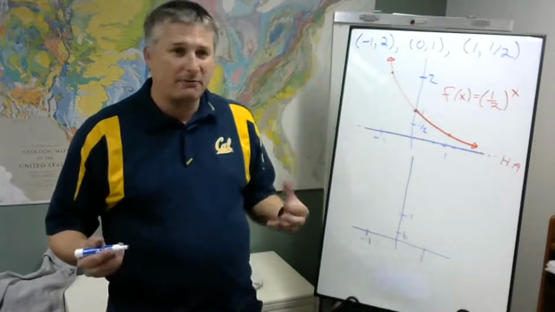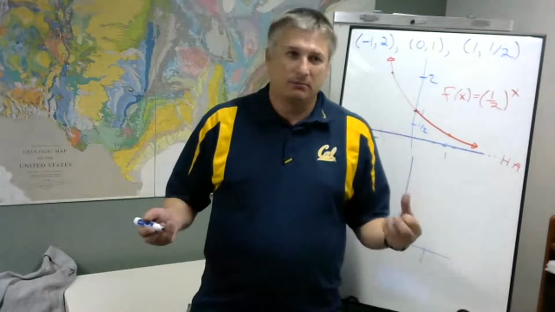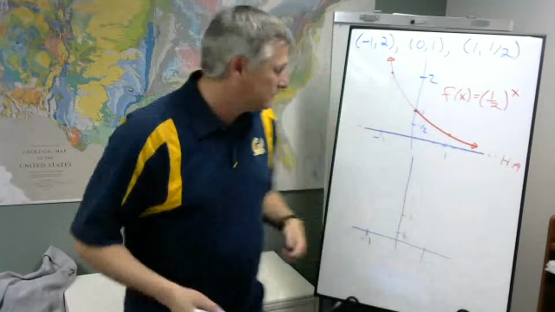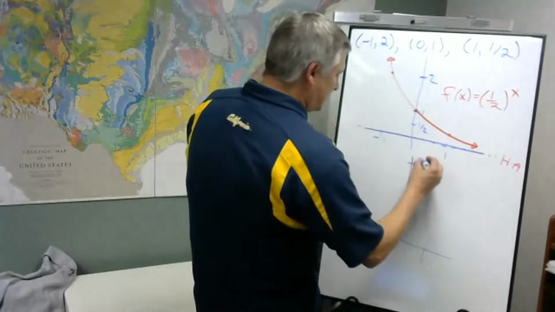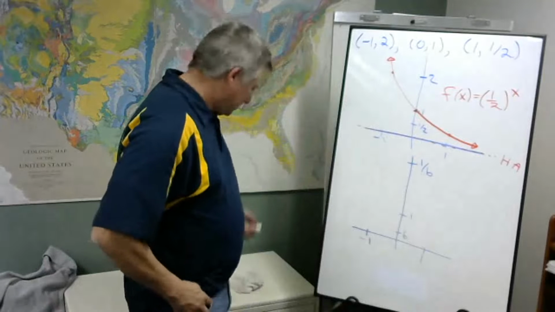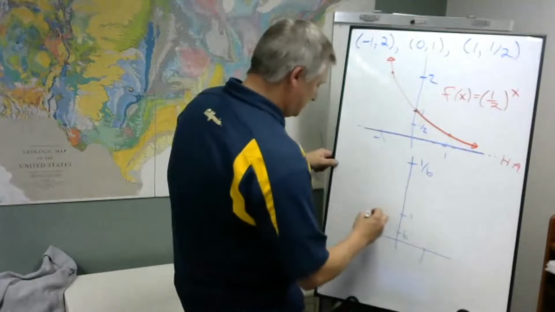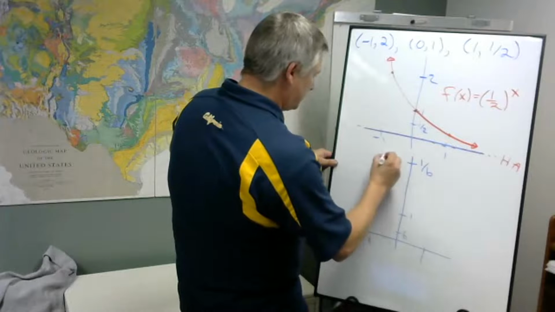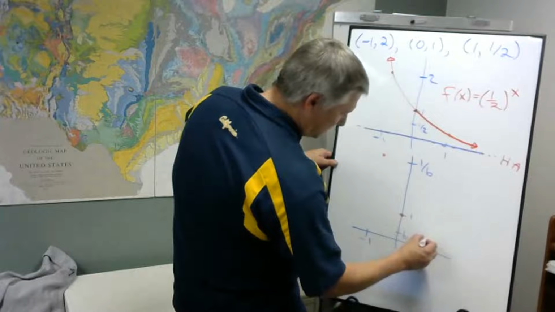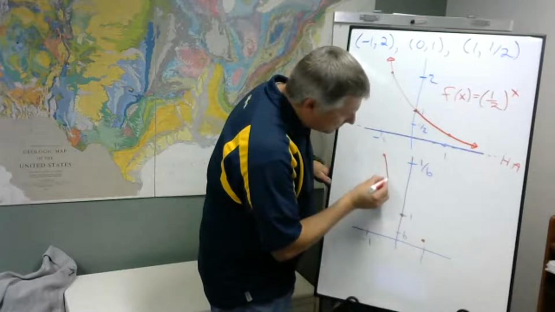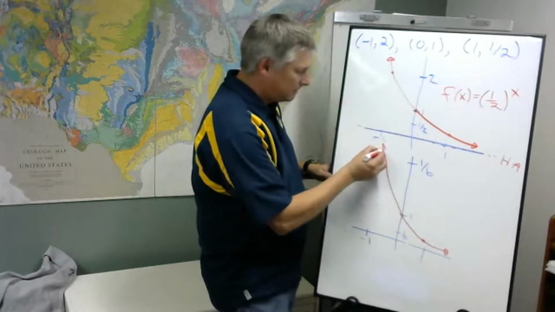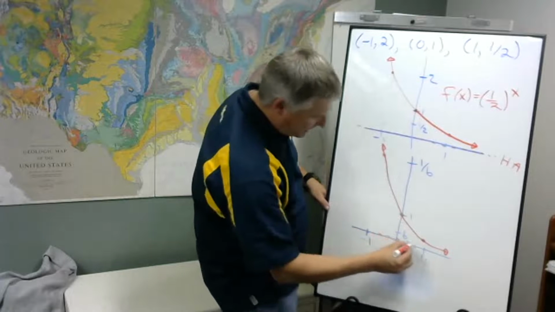Let's say b is 1/2. Well, 1 over b, or 1 over 1/2, is 1 divided by 1/2, and that's 2. So 1 over b in this case is going to be way up here. And so the general shape is this: negative 1, 1 over b; again, 0 and 1; and then 1 and b. It drops down like so. And there's that horizontal asymptote.